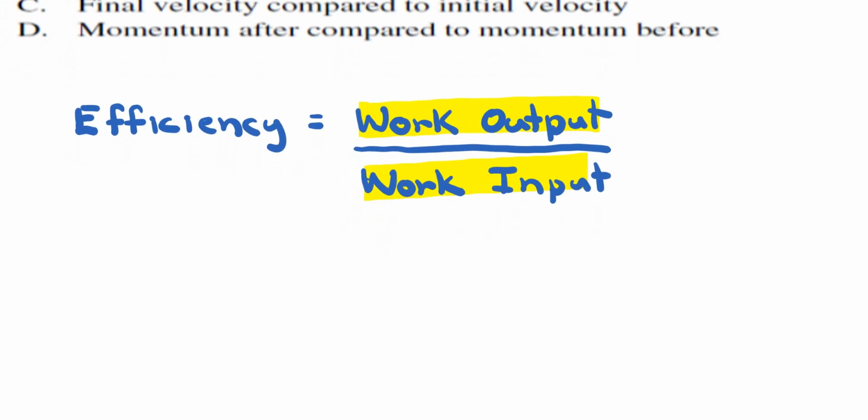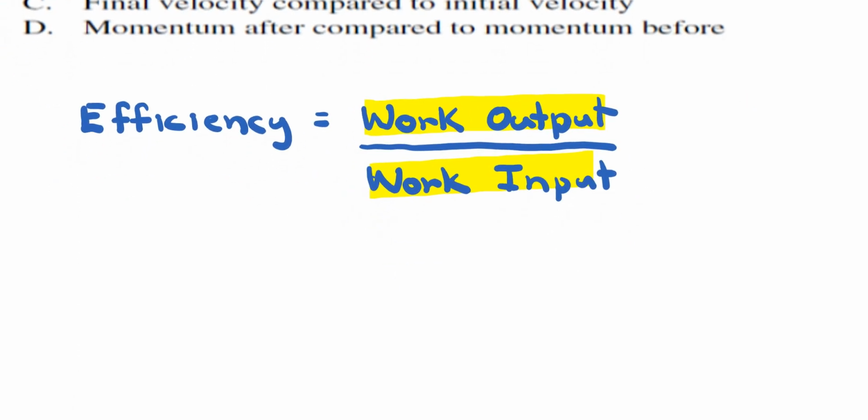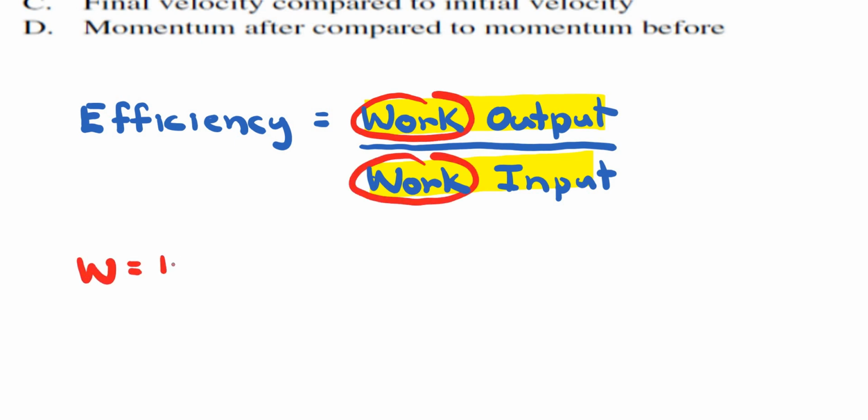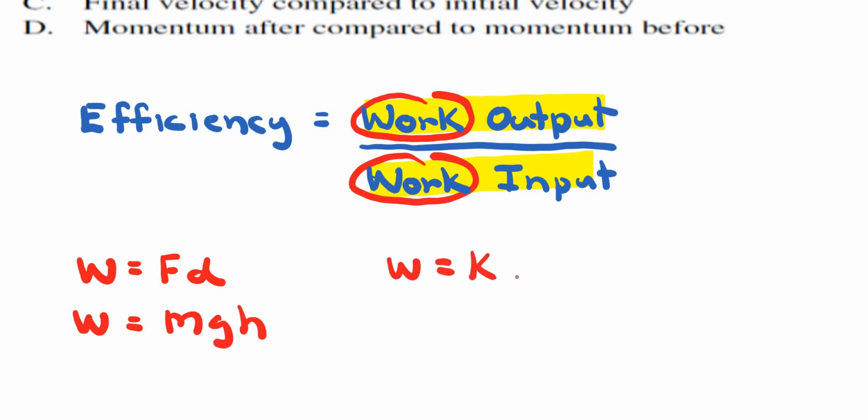I would just say when we're doing efficiency problems, make sure that we are aware of the different ways we can actually calculate work. We found so many different ways to find work, right? Work is equal to force times distance. We also know work is a form of energy, so there are different kinds of energies that we can get from the work energy theorem. Sometimes work was just equal to your potential energy. Sometimes work was equal to your kinetic energy, depending on what kind of scenario you were given.